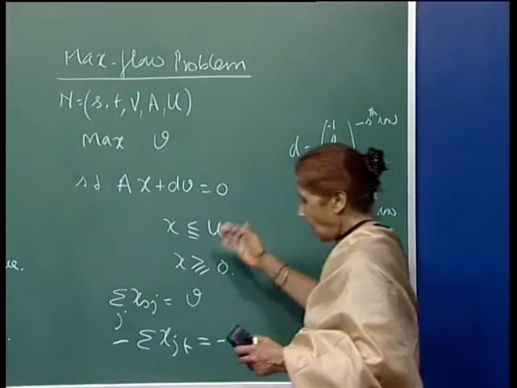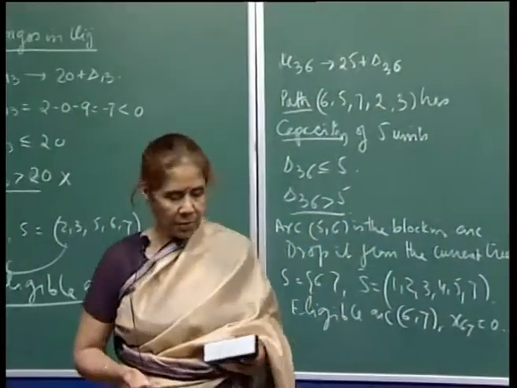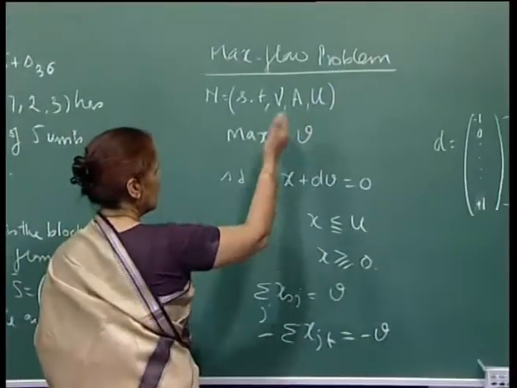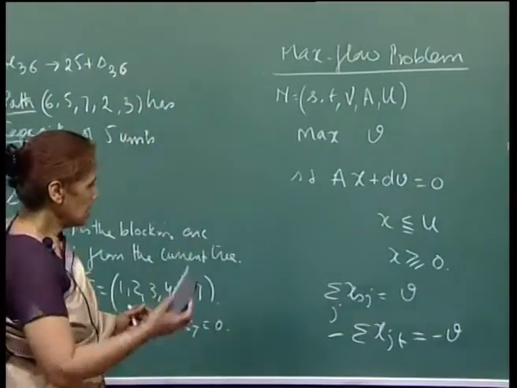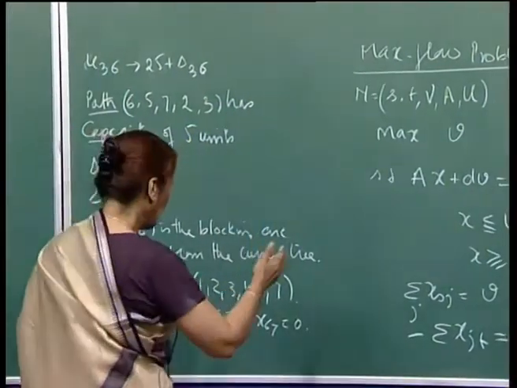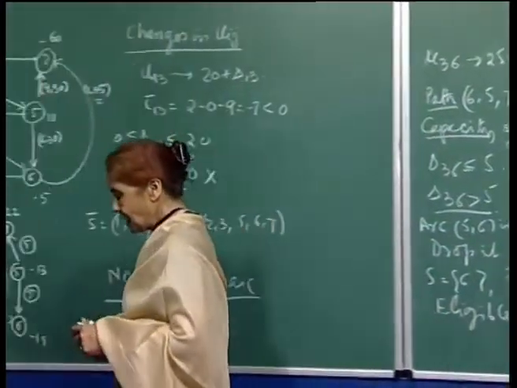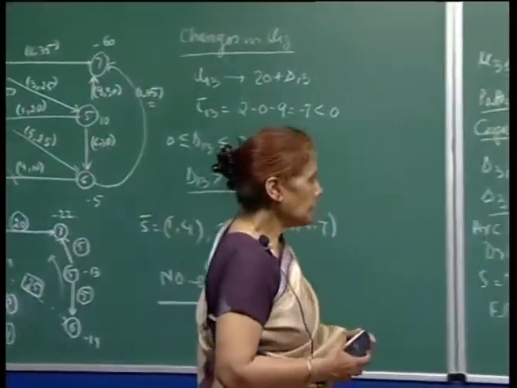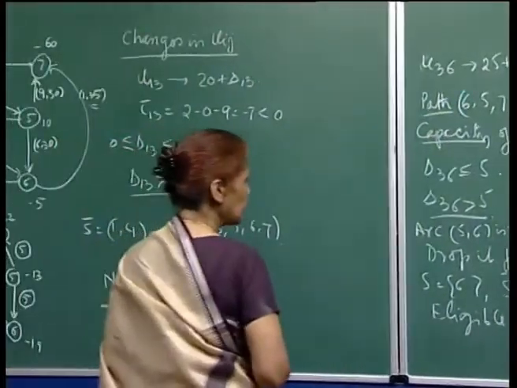Now it depends on how I look at this problem, whether I call it a primal problem or a dual problem. But of course, so far our convention has been that a maximization problem we treat as a dual problem. So let us look at this problem as a dual problem, and then let me show you what happens when I try to solve the problem by the primal dual algorithm, and there will be a very interesting interpretation for this.